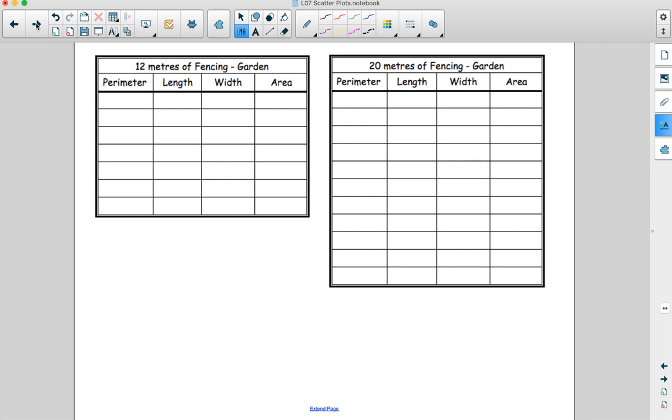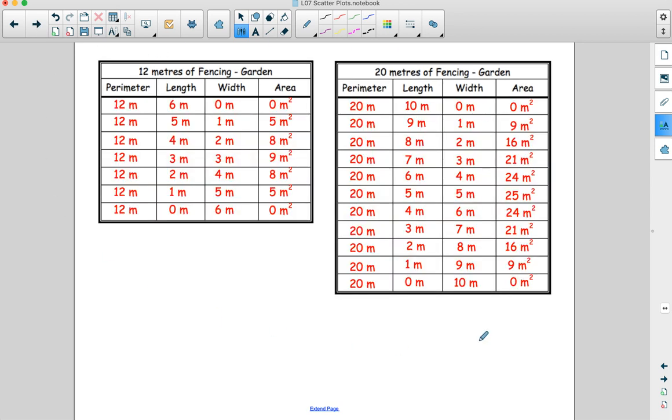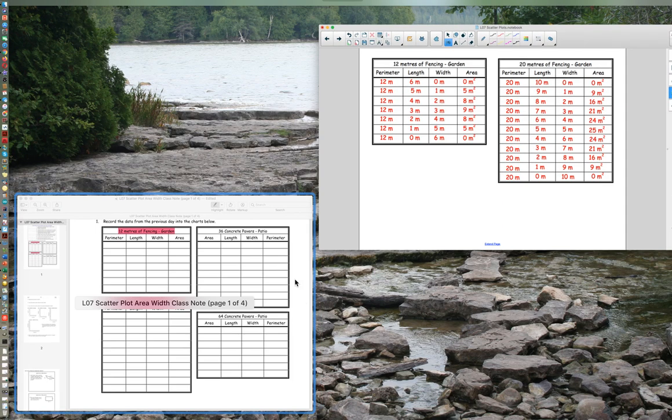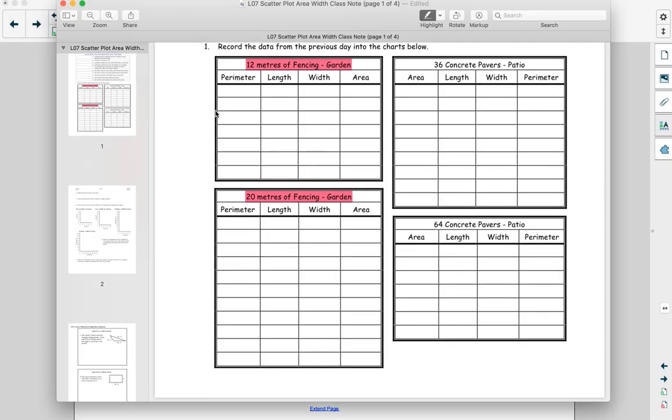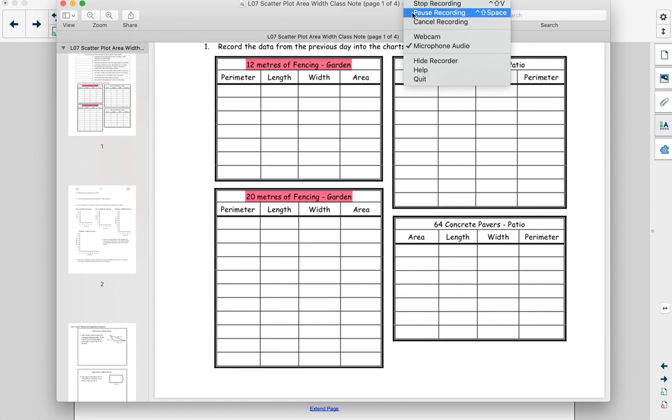And the values you're going to fill it in with are these values right here. So I'm going to pause as a reminder for you to pause. You can take the values that are here and record them over here so that later on you can create the graph. So I'm going to pause and let you do that now.